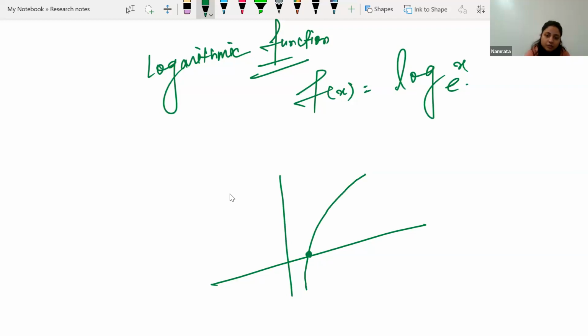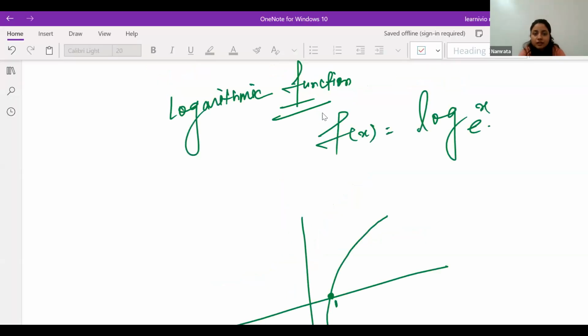It is touching the x-axis at 1. So this is the graph of the logarithmic function. Now anyone from here, can you tell me, is it continuous everywhere or not? Anyone? Is it continuous everywhere or not?